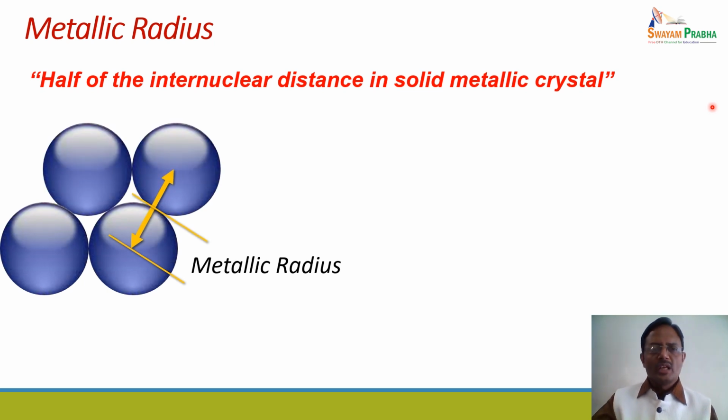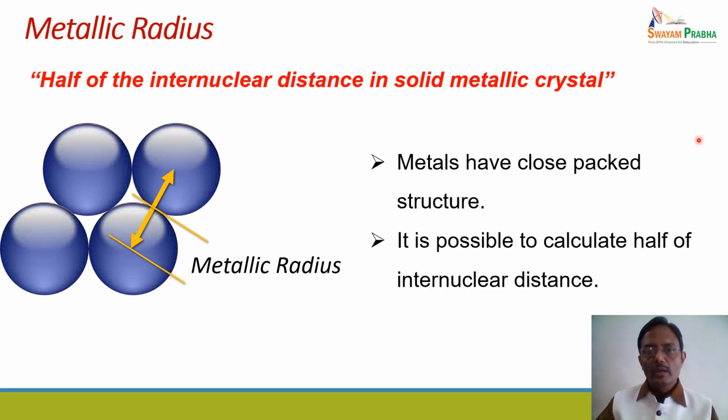For example, for any metal like copper, nickel, sodium, even iron, whether it is a transition metal, alkali or alkaline earth metal, half of the internuclear distance is taken as the metallic radius. These metals are close packed, and hence it is possible to calculate half of the internuclear distance.